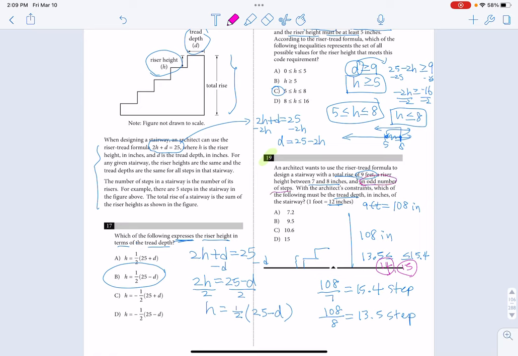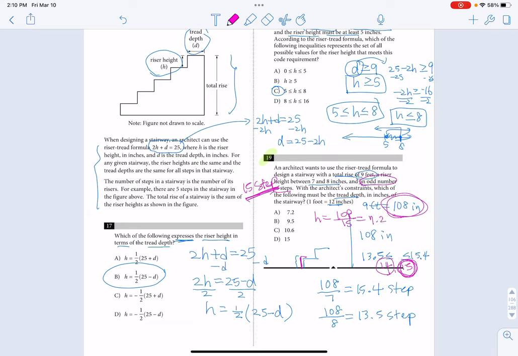So to satisfy the condition, it will be 15 steps. Then with the 108 total height and 15 steps, to find the exact riser height, h should be 108 divided by 15, which gives you 7.2.